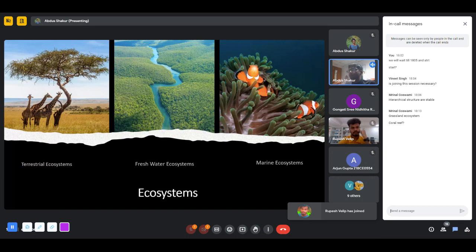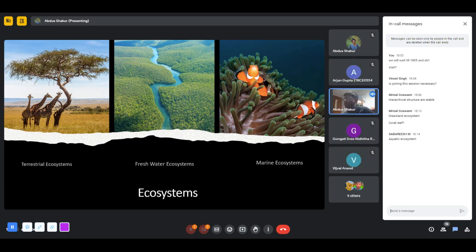So these are the major groups of ecosystems that we see, and then we have subsystems like, yes, aquatic. We have two different types: freshwater and marine. So under these marine ecosystems, we have different types, or even terrestrial. We have grasslands, forest ecosystems, or mangrove ecosystems, and so on. Okay.